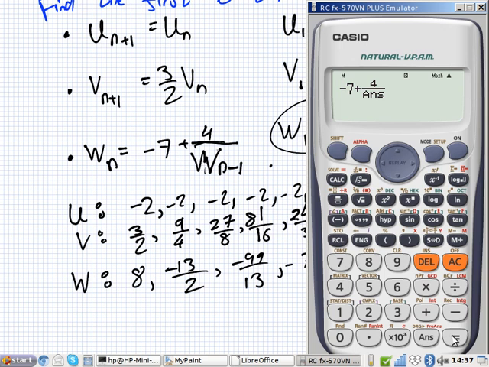What is the answer? It's 8. If I put 8 in here, what do I get? Minus 13 over 2. If I put minus 13 over 2 in, it's going to keep repeating. Watch. Yes, correct. What was the next one? Correct. You see?